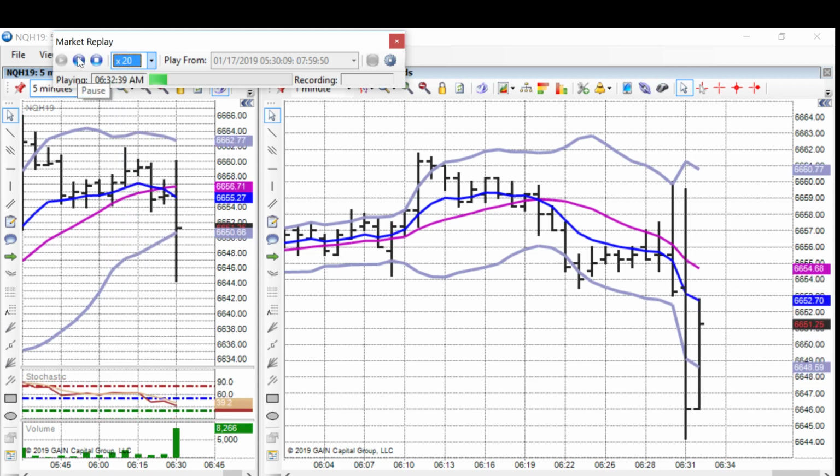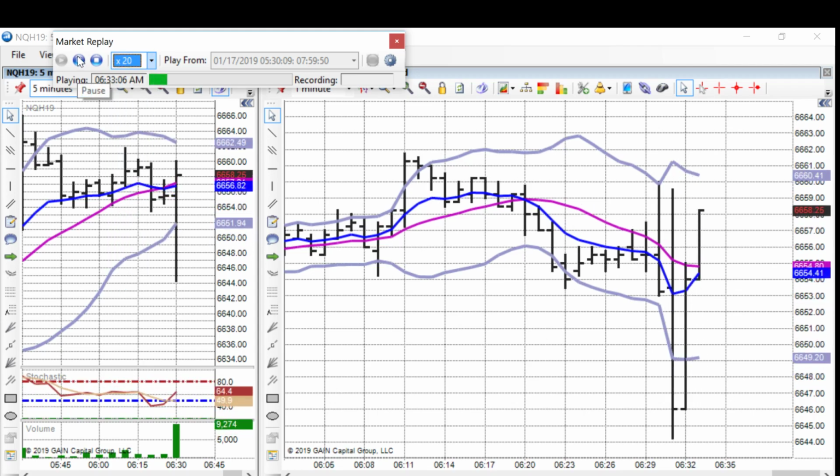Okay, so now I paused it again. We've got a crossover right here, but we don't have a fractal yet. There's no fractal formation yet.